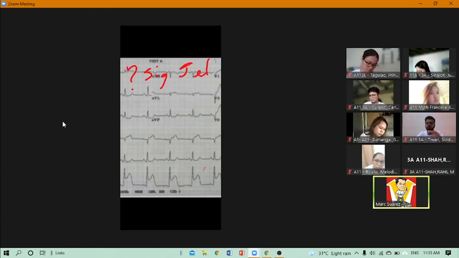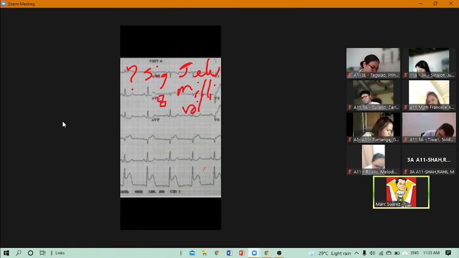How many small squares for us to say that the J point is elevated, or how many millivolts? So this is very important. For a junior clerk, it is enough that you can identify ST elevation and ST depression.